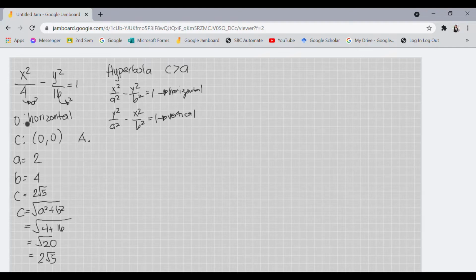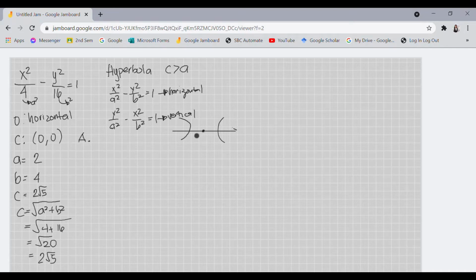So, this is a horizontal hyperbola. Pag sinabi pong horizontal hyperbola, ibig sabihin that pertains to a horizontal transverse axis. So, ang atin pong hyperbola, if this is the center, your curves are facing left and right. Okay, ganyan po yung hyperbola natin.